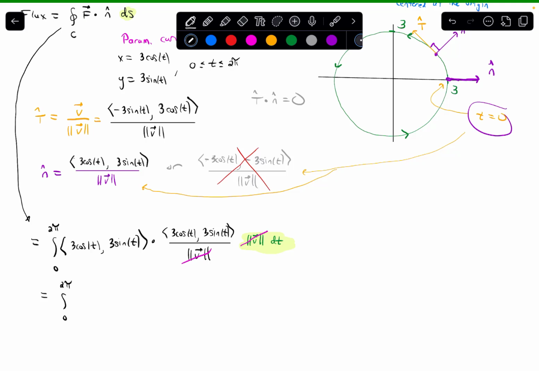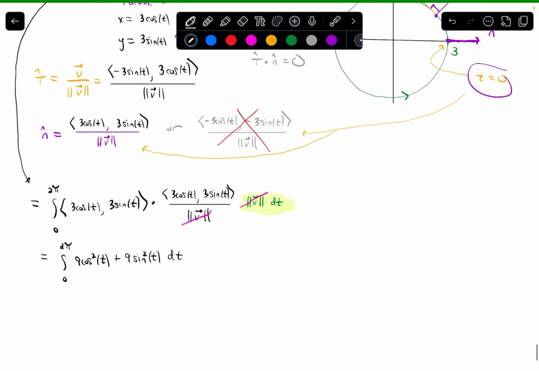Doing the dot product, if I multiply these x's together, I'll get 9 cosine squared t, and multiplying the y components together, I'll get 9 sine squared t dt. Well, 9 cosine squared plus 9 sine squared is equal to 9. And the integral of 9 is 9t. I can plug in the 2 pi and the 0 and subtract. So I'll get 9 times 2 pi, which is 18 pi. And that's my answer. That is my flux here.